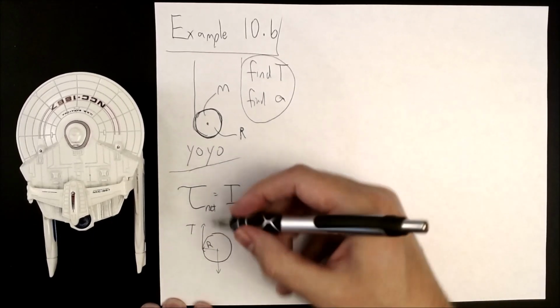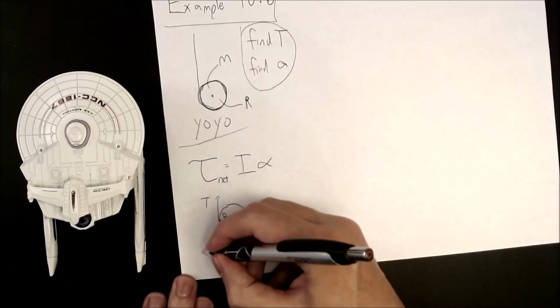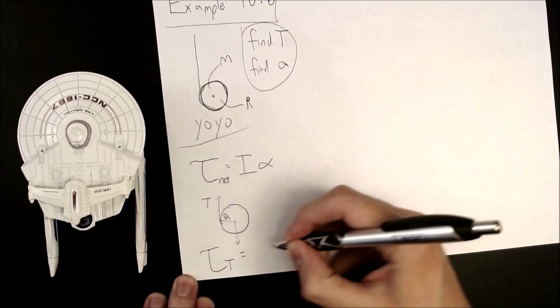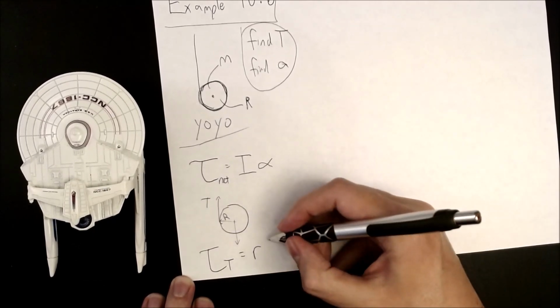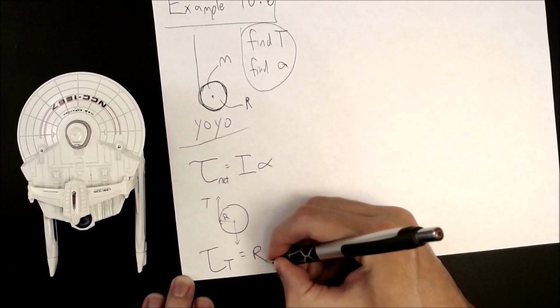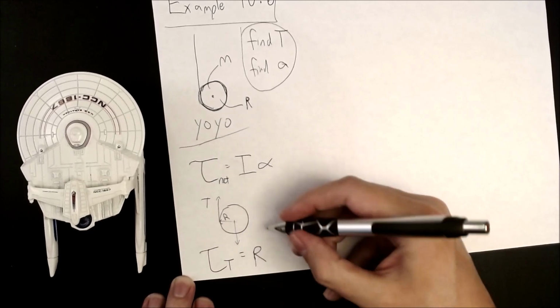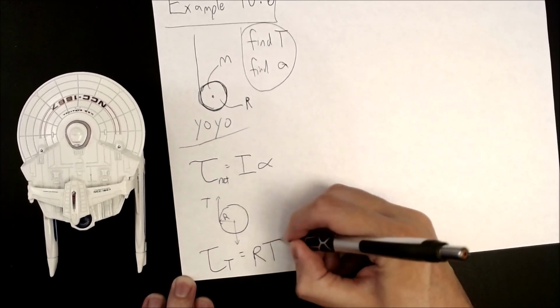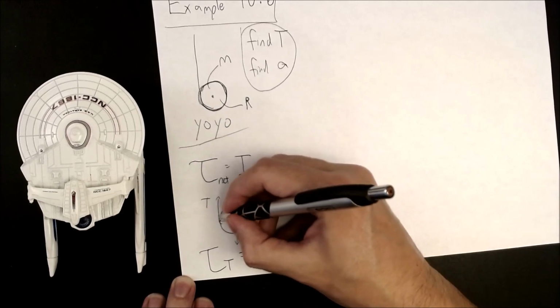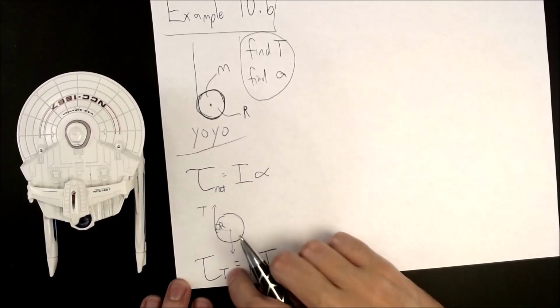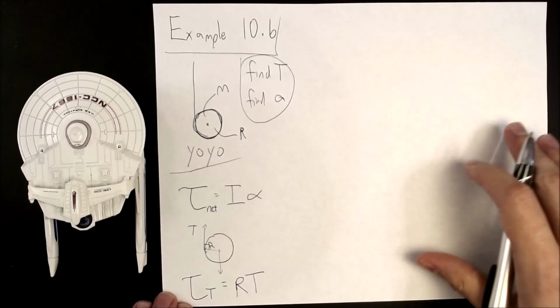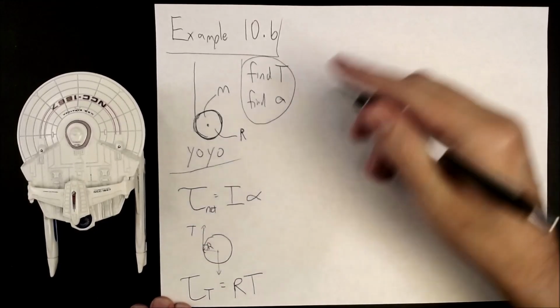So the torque from the tension is going to be the radius at which the tension is being applied, which is r, times the force of that tension, T, times the sine of theta, and again, we've got a right angle in there, so that's just going to be 1. So the torque due to tension, which is the only torque available to us, is going to be RT.